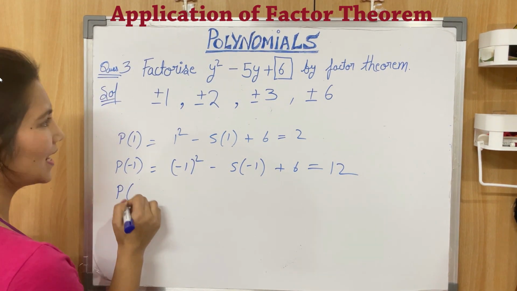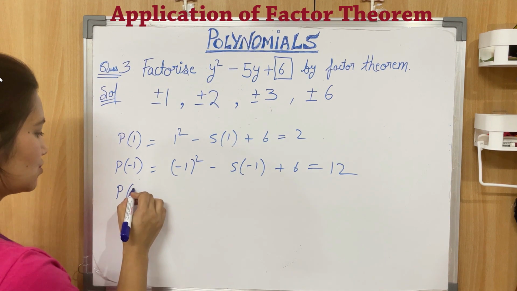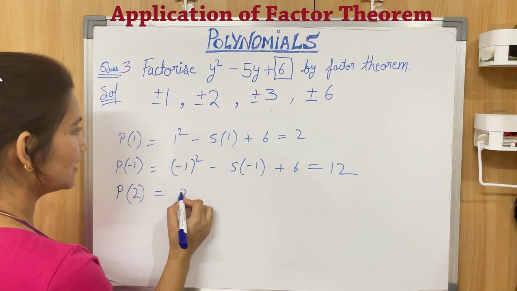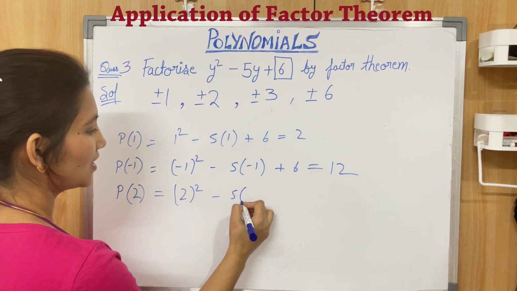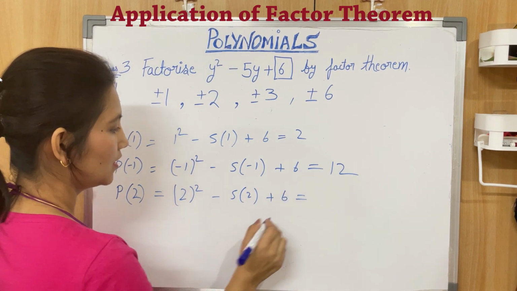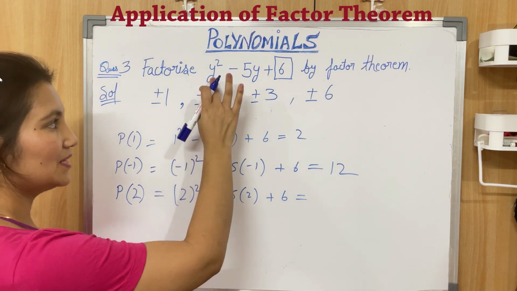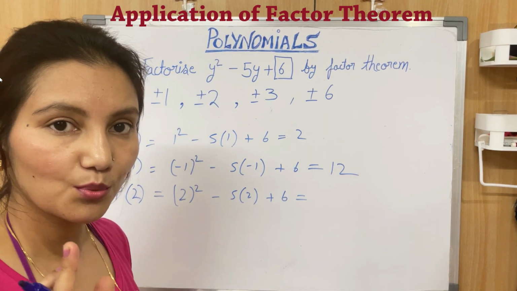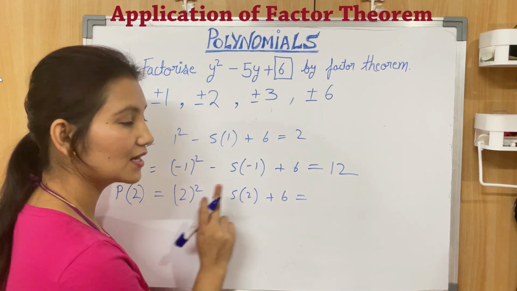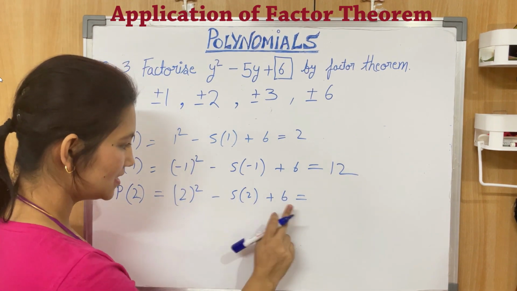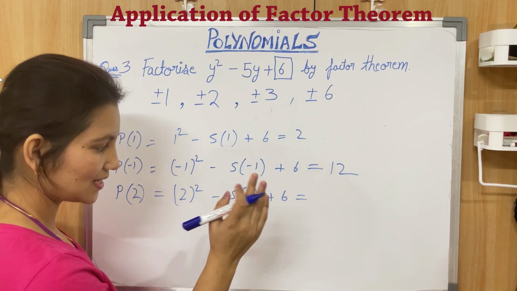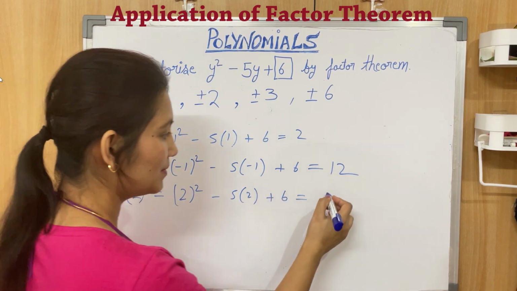Now I'll try with +2. I'll replace y with 2. So what do I get? 2 square minus 5 into 2 plus 6. You know what I'm doing? I'm replacing y with 2. What we need is that value of y at which the expression becomes 0. So let's see. This is 4 minus 10 plus 6. 4 and 6 make 10, and minus 10 makes it 0.